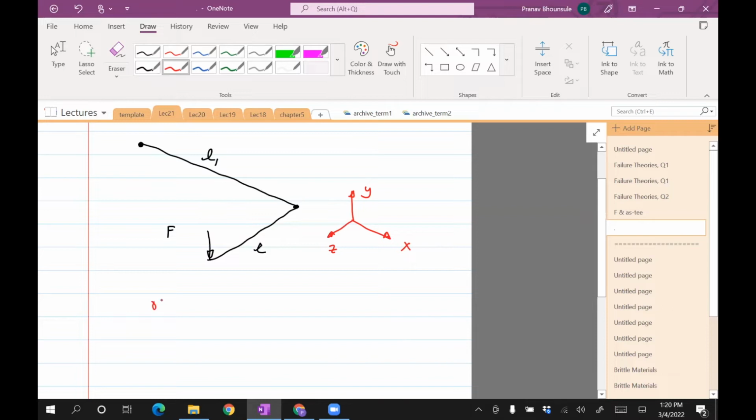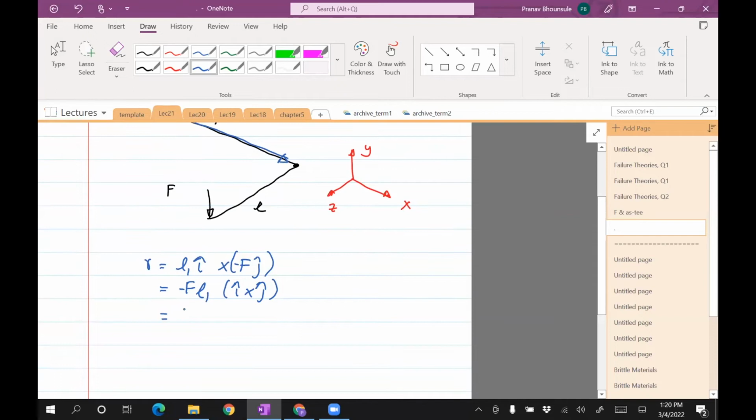Our r is L1 times i, since this vector is along the x-axis, crossed with F, which we already saw is along the negative j. And so it'll be F L1, with a negative sign, i cross j, but i cross j is k.